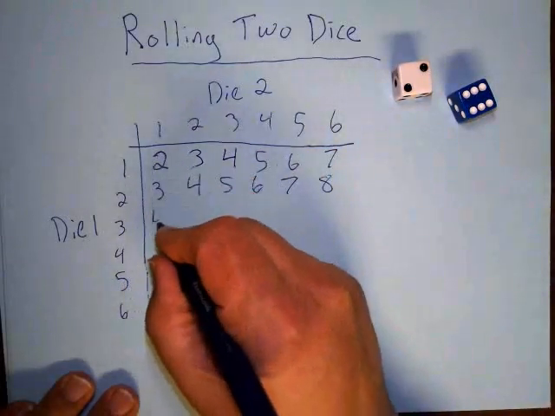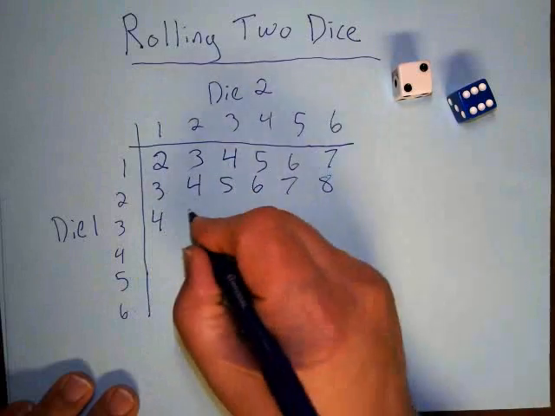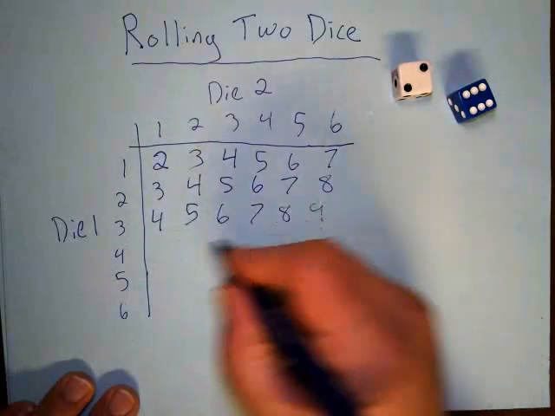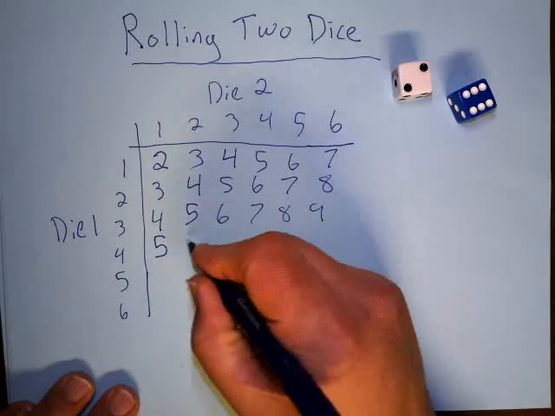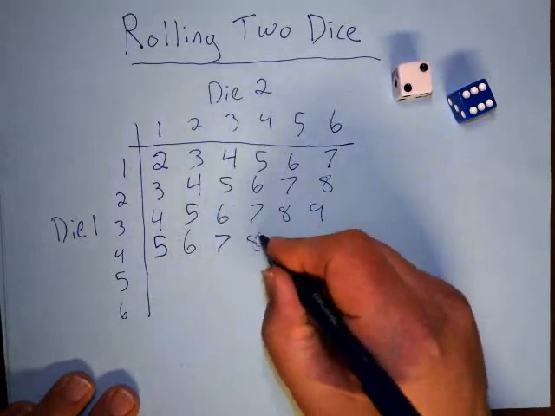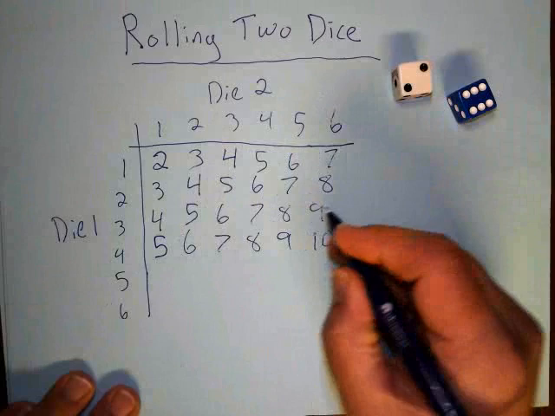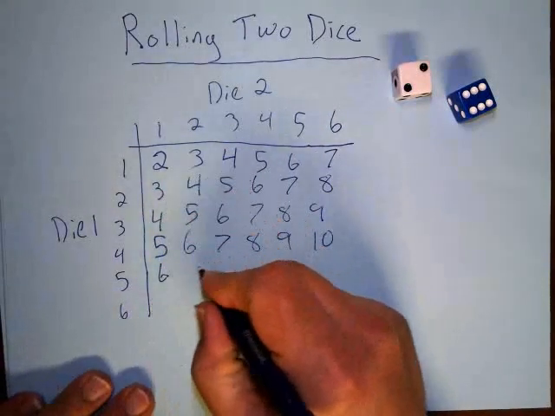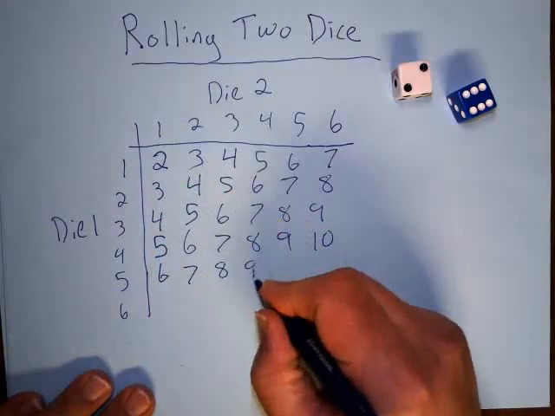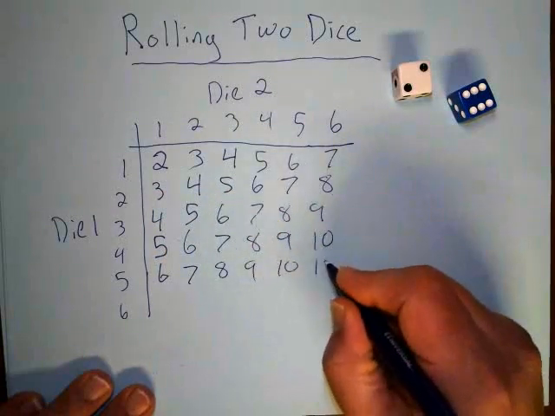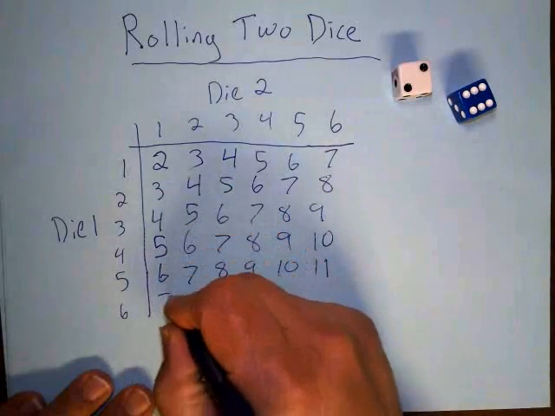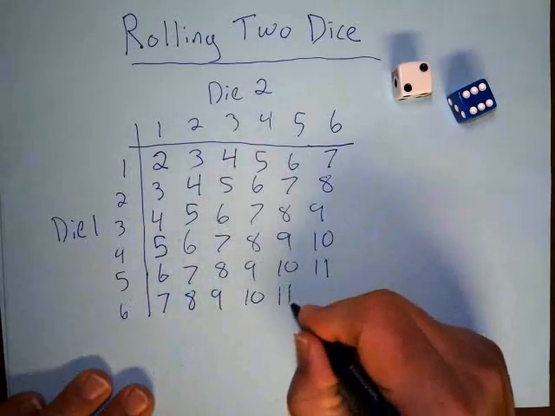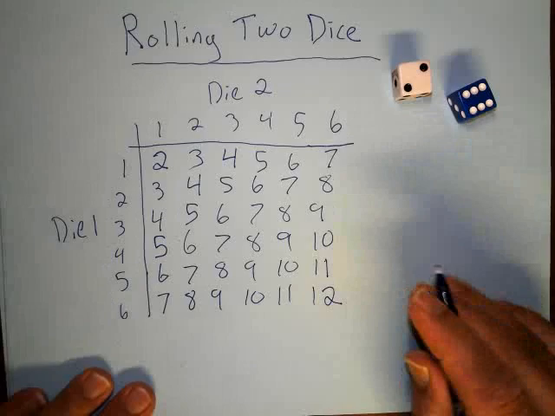So 3 and 1 would be 4, and then I just increase by 1 each time. 4 and 1 would be 5, then 6, 7, 8, 9, 10. 5 and 1 would be 6, then 7, 8, 9, 10, 11. And 6 and 1 would be 7, 8, 9, 10, 11, and 12.